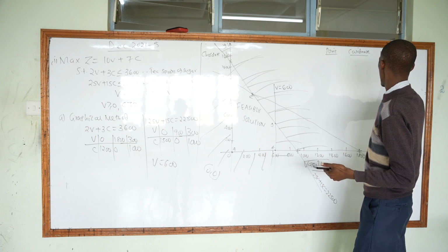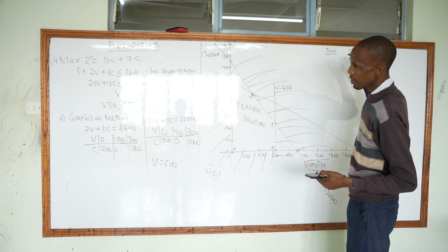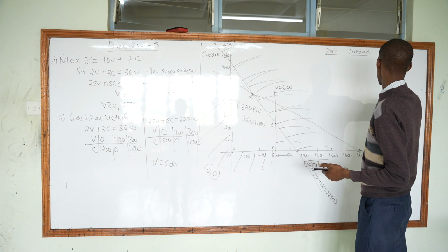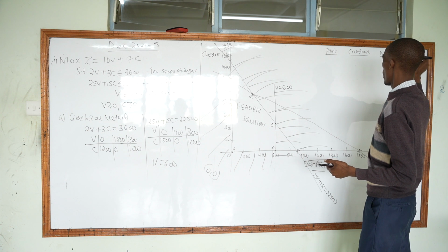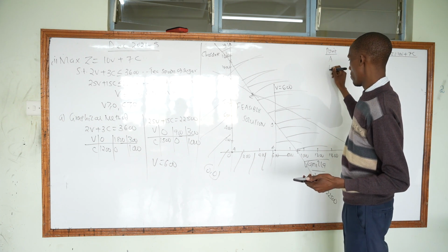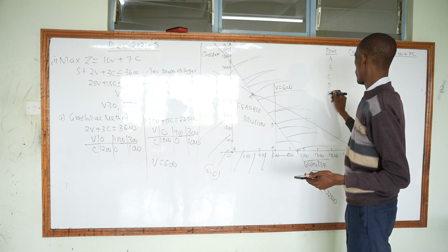Remember that it was maximum. We are maximizing, the one which will give us the maximum profit. Say 10B plus 7C.